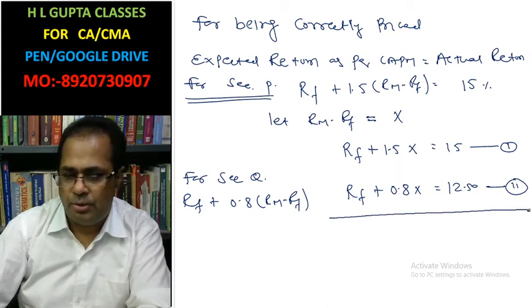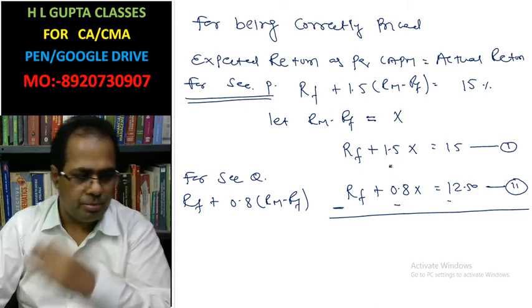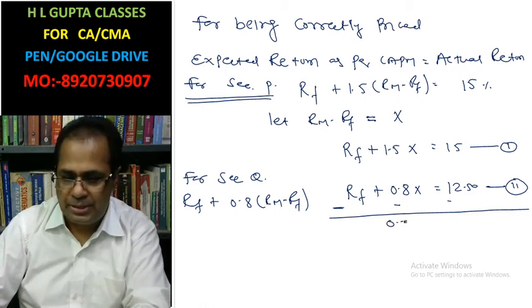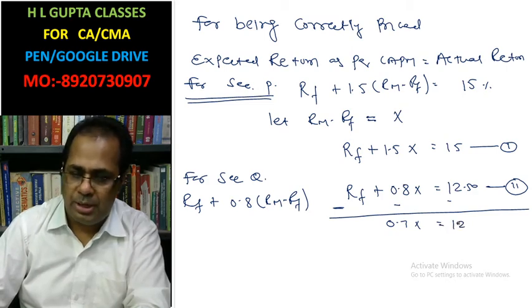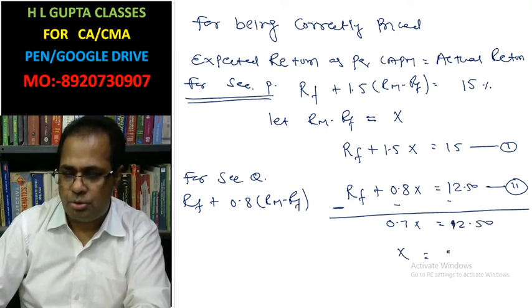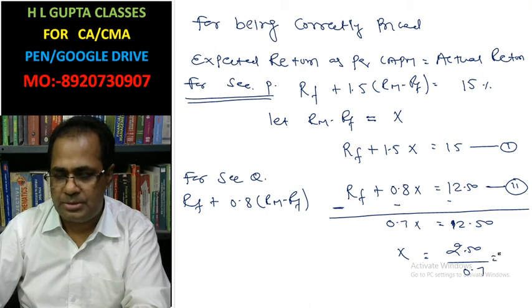Now to get the value, you subtract this equation from the first. RF gets cancelled, 1.5 minus 0.8 is 0.7X, and 15 minus 12.5 is 2.5. X equals 2.50 divided by 0.7, which is 3.57.